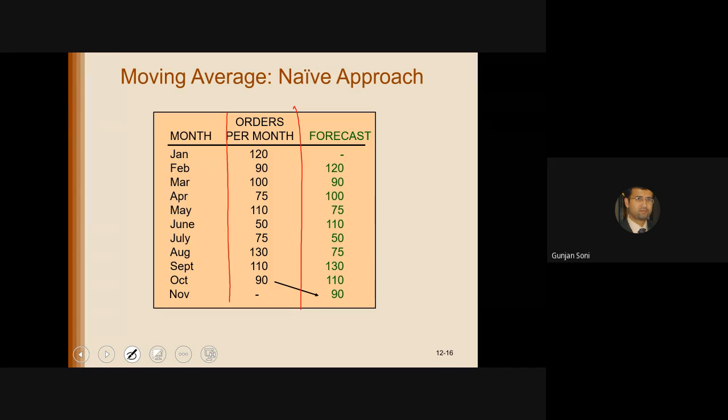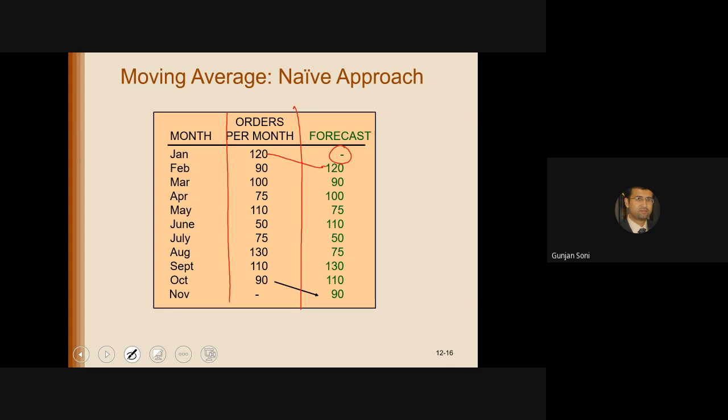So for the first month, we don't consider anything. Like for January, we will not get a forecast, but for February we will get it like this.